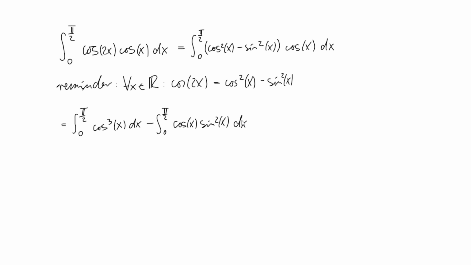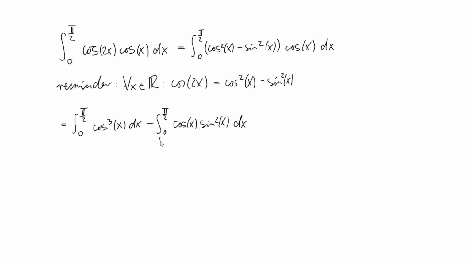So at this point we can use substitution for the right integral. So we can substitute sine of x, and for the left hand integral I guess we can use integration by parts.